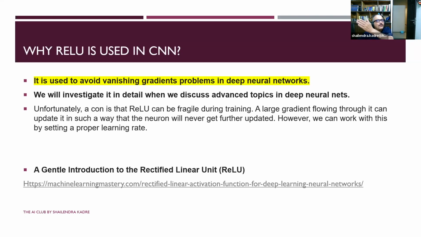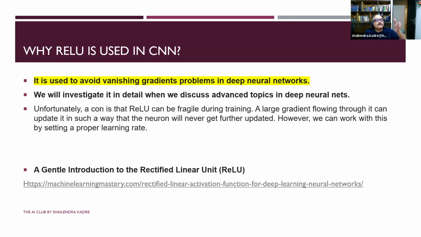And that gradient we propagate backward, from the output layer to the input layer, and with the help of that gradient we update the weights and biases. But there is a problem called the vanishing gradient problem, which I'm not explaining in detail at the moment. Suppose there are 20 hidden layers in your ANN.